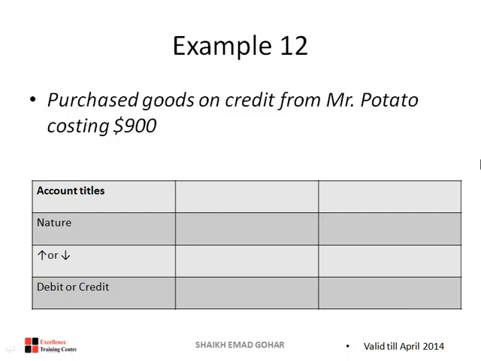Example number 12, purchase goods on credit from Mr. Potato. New supplier is coming in the show, his name is Potato. So purchased goods on credit from Mr. Potato costing 900. This is for you basically, solve it because you need to revise as well.